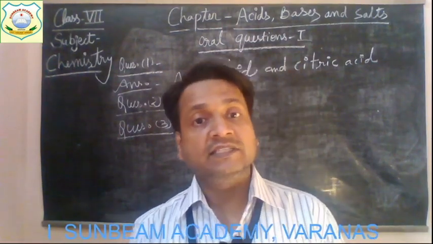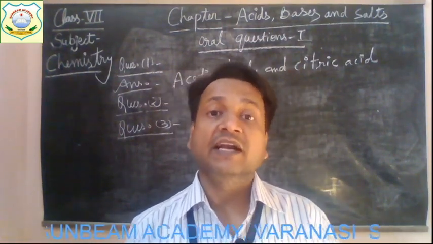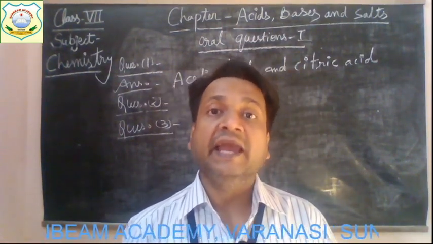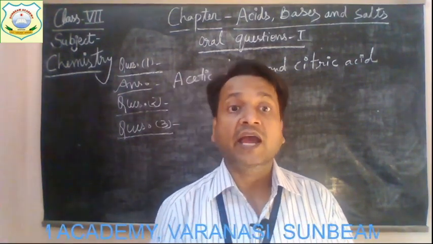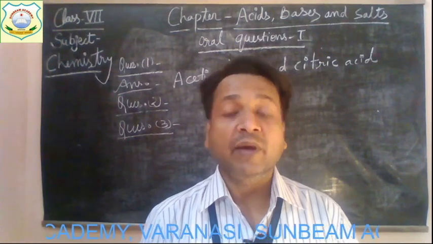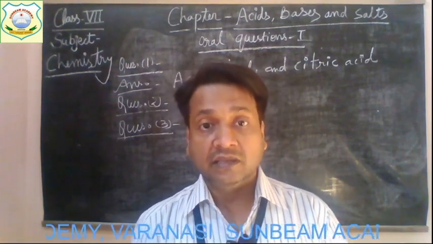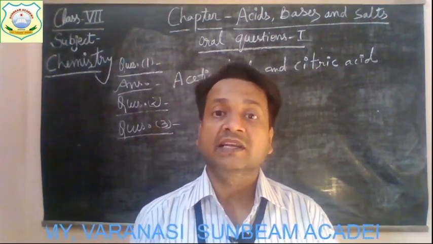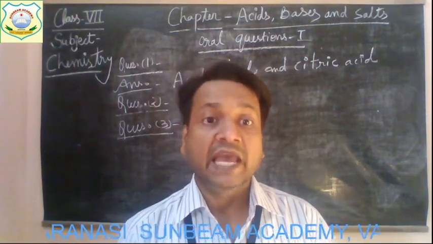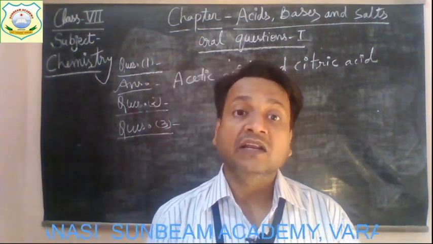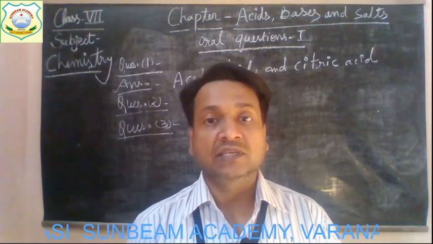Name two substances that have different colors in acidic and basic solutions. Understood, children? You have to write down the name of two substances that have different colors in acidic solution and basic solutions. And what is the general name for such substances?